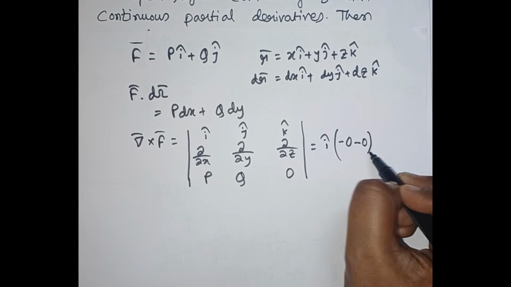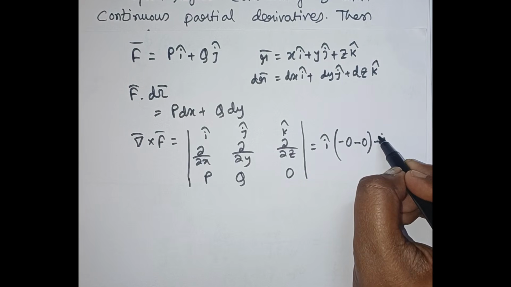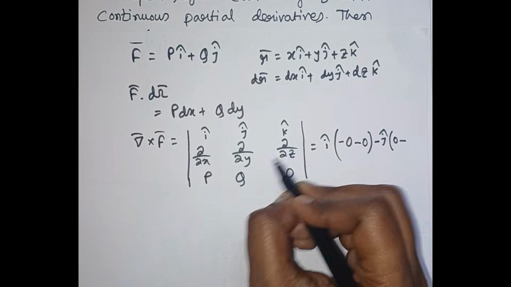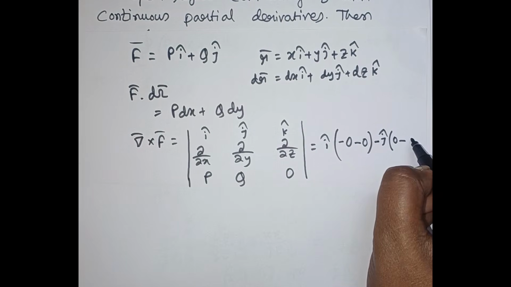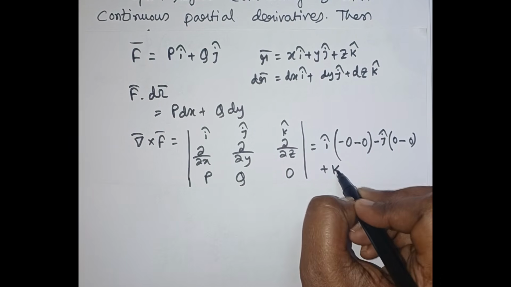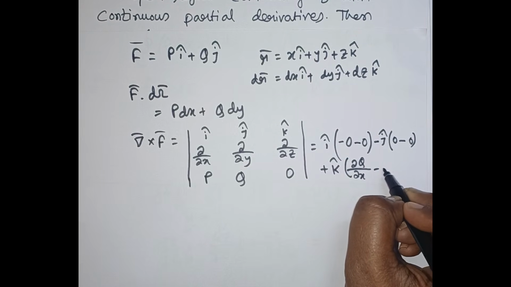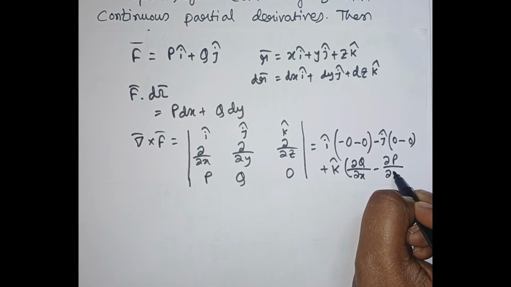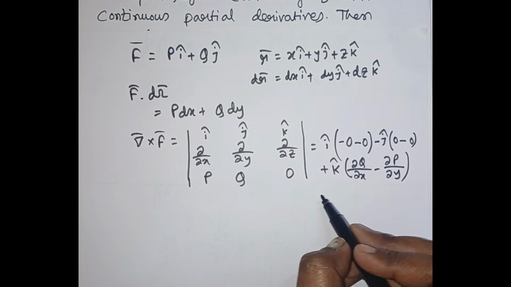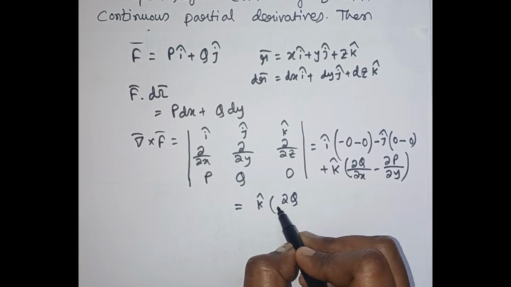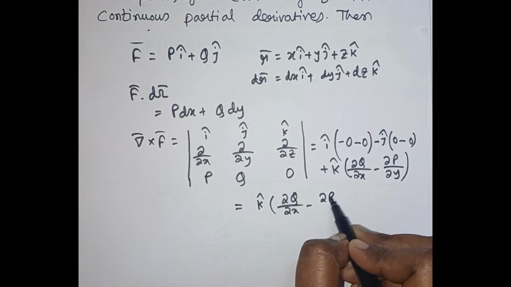So whenever we differentiate with respect to z, del Q/del z will be 0, and similarly minus j (0 minus 0) plus k (del Q/del x minus del P/del y). So the curl of F is k cap (del Q/del x minus del P/del y).